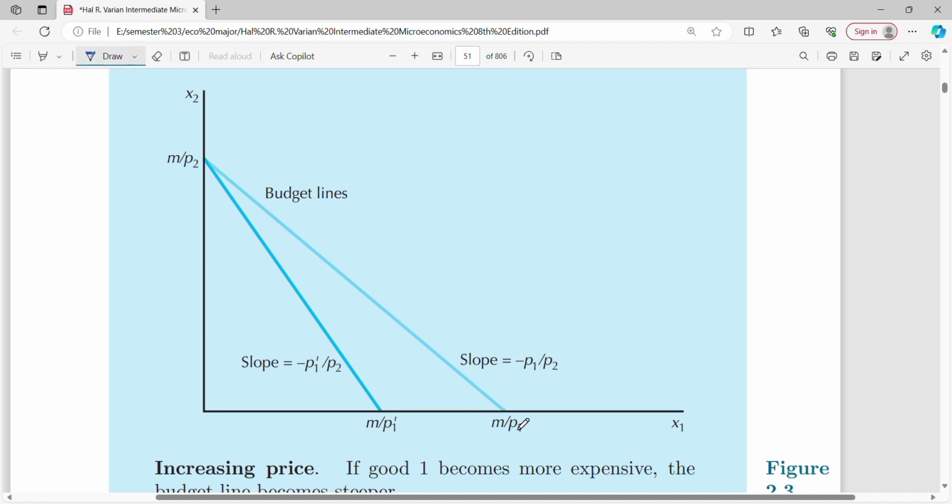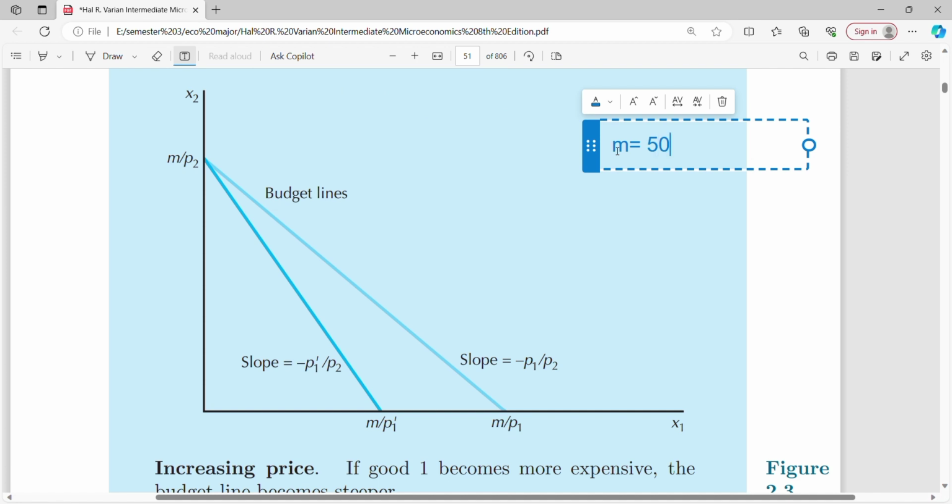Let's consider M equal to 50 in both cases. In the first case, good one costs ₹5. So 50 by 5, 10 goods can be consumed.